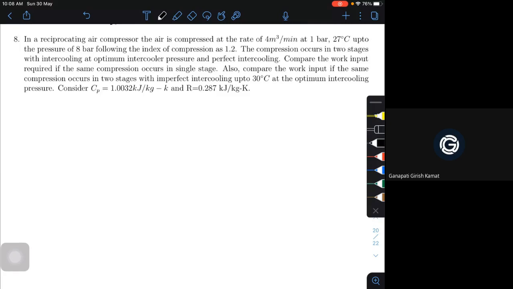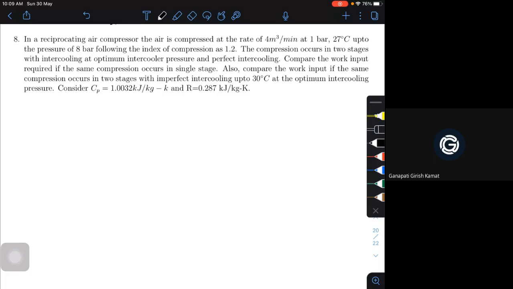Consider Cp is equal to 1.0032 kilojoules per kg degree Kelvin and R is equal to 0.287 kilojoules per kg degree Kelvin. So what I have taken is two different problems, and I have combined them into one particular problem. So here I have two things. One is multi-staging compression with intercooling, with perfect intercooling.